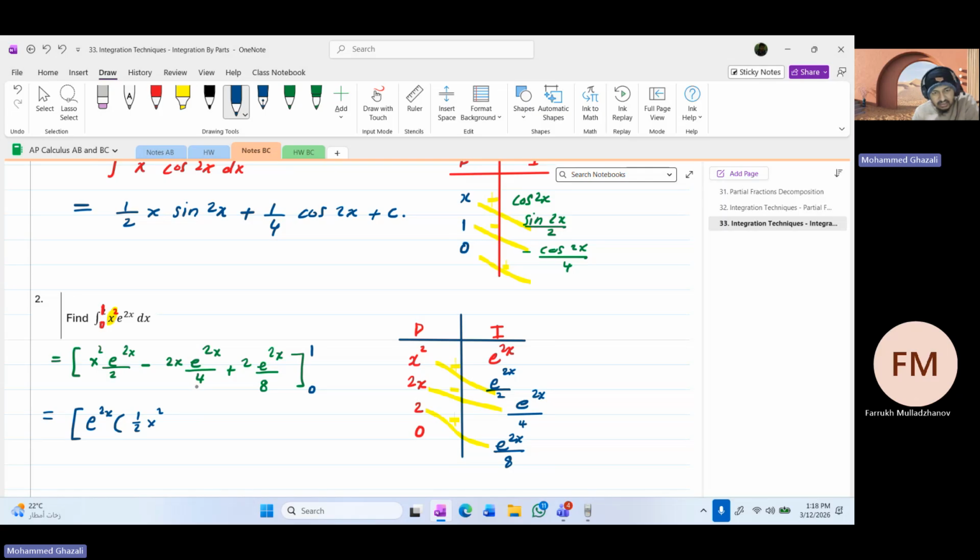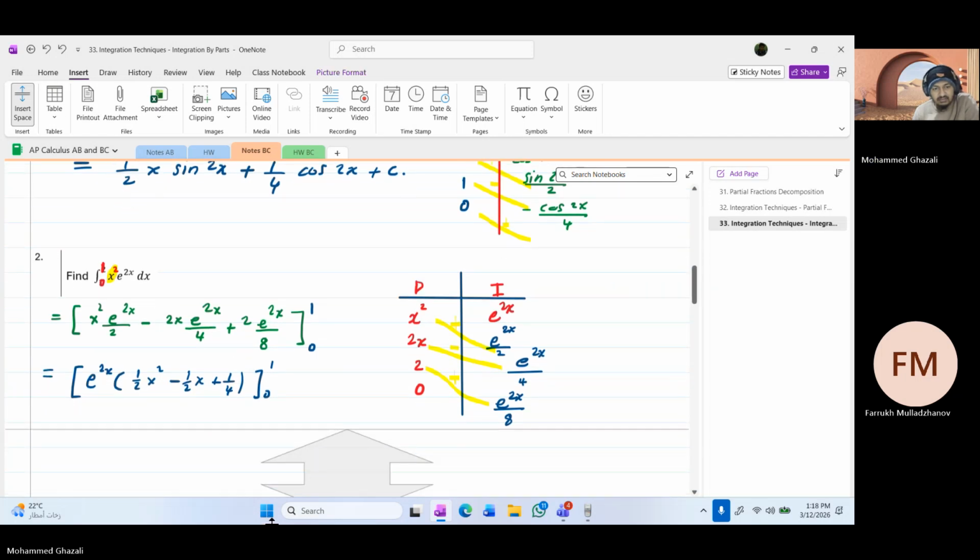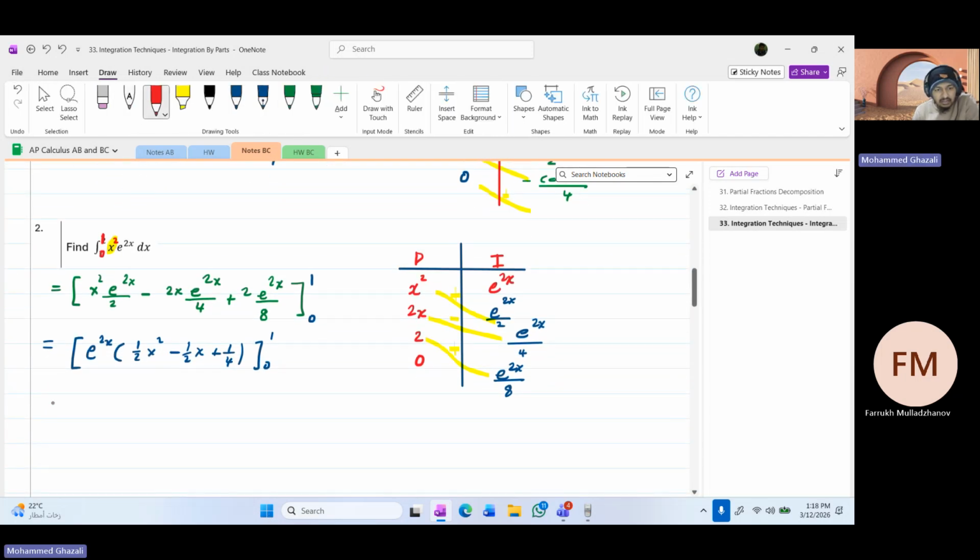2x over 4 is x over 2, so half x, and plus quarter. Okay, because 2 divided by 8, I'm taking out e to the power 2x as a common factor. So from 0 to 1, right? And now we substitute 1 in the upper boundary, we get e squared.